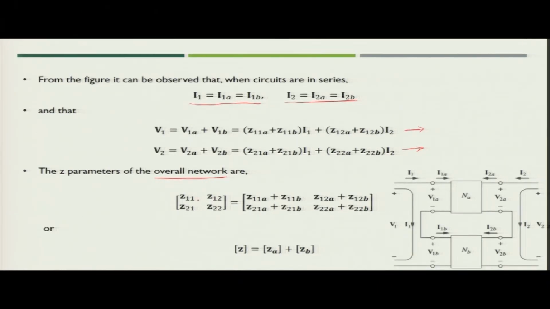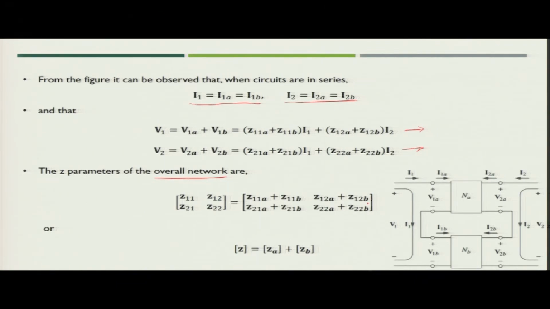So, Z11 is Z11A plus Z11B, Z12 is Z12A plus Z12B, Z21 is equal to Z21A plus Z21B, and Z22 is equal to Z22A plus Z22B.